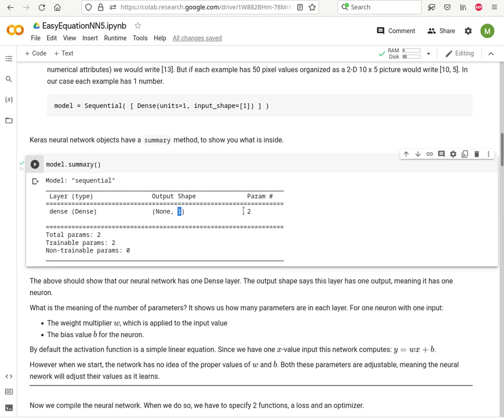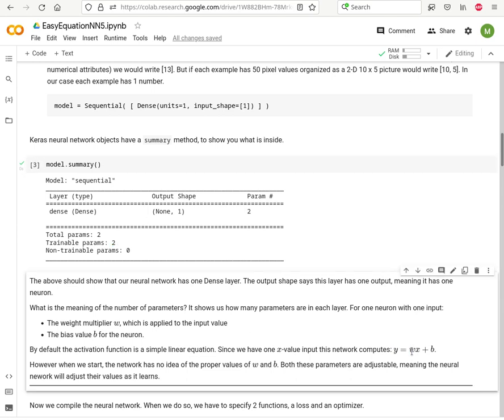You'll notice here that it says 2 parameters. You're going to get used to looking at the number of parameters. There are 2 trainable parameters. What that's telling you is that when it's busy nudging the weights in order to get the right answers to come out, there are 2 of those things that it's nudging.